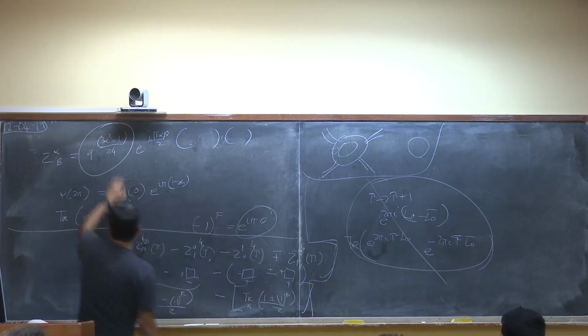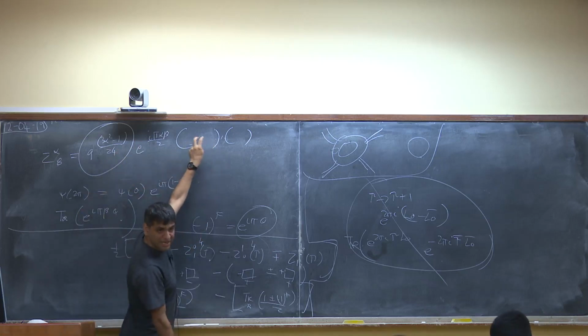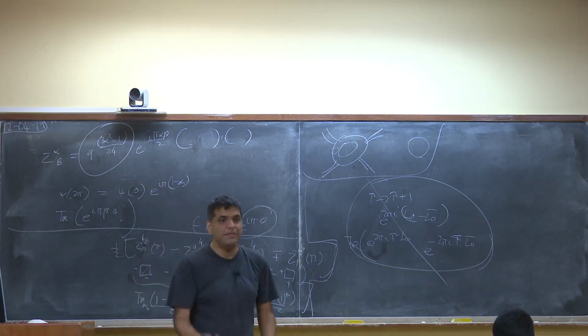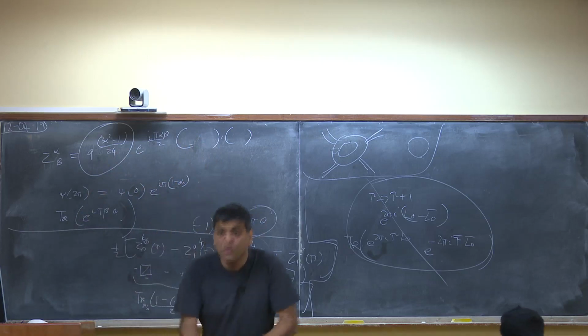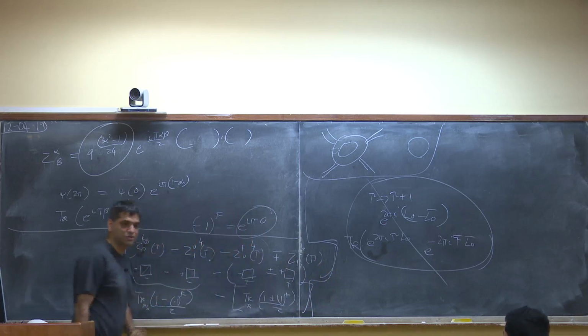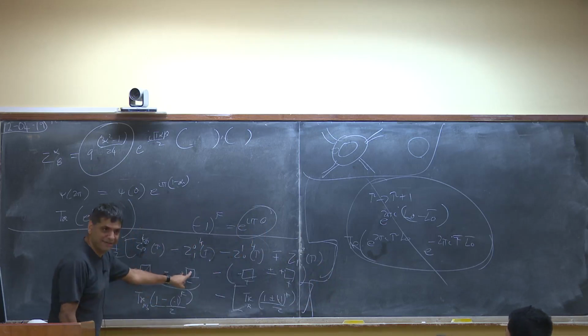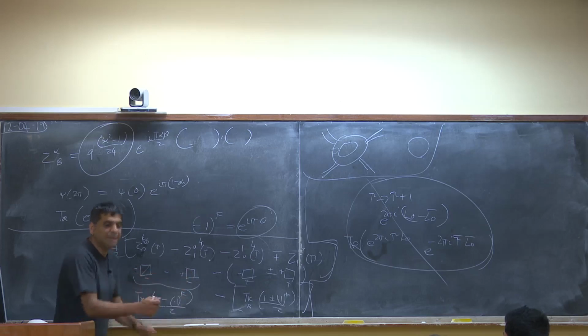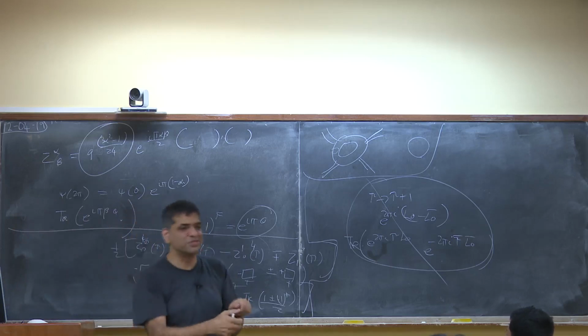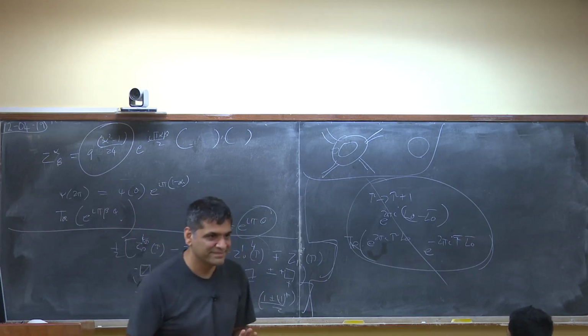Now, the point is that this part, you can easily check from the oscillator map. If you go to tau goes to tau plus 1, the oscillator part will transform under modular transformations like this diagram tells you it should. So this guy will go to this guy if you do tau goes to tau plus 1. This is something easy to check. There was an explicit oscillator algebra, and you just do tau goes to tau plus 1 in that.